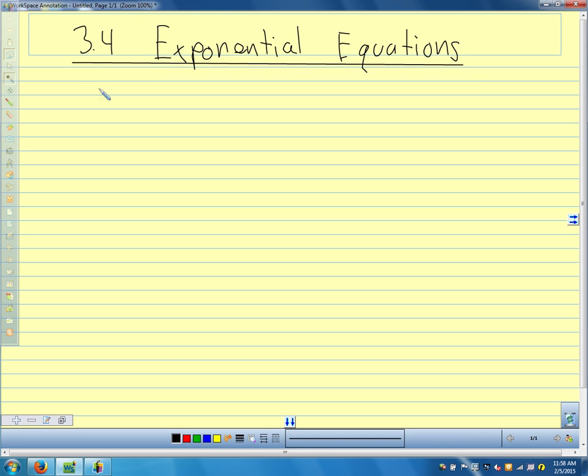So one of the important things that we've talked about with exponential and logarithmic functions is that they are one-to-one. So one of the properties that we'll use are the one-to-one properties. And one-to-one just means that for every x, there's exactly one y.